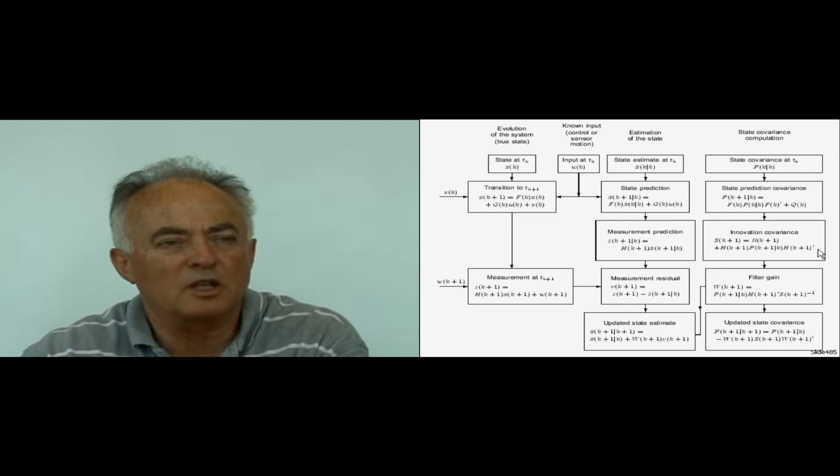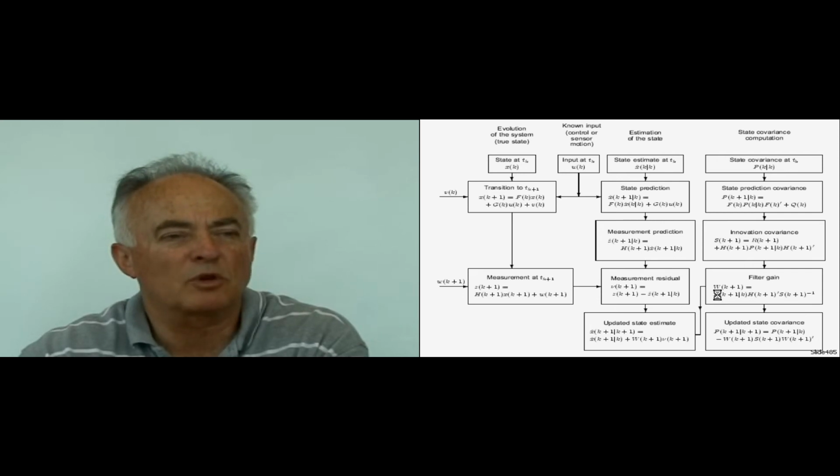And the filter gain is this ratio of the, again, in a matrix form we cannot say ratio, but it's P_{k+1|k} H_k' S_{k+1} inverse. And all those intuitive interpretations were made on this particular equation, the ratio of the prediction covariance to the innovation covariance.